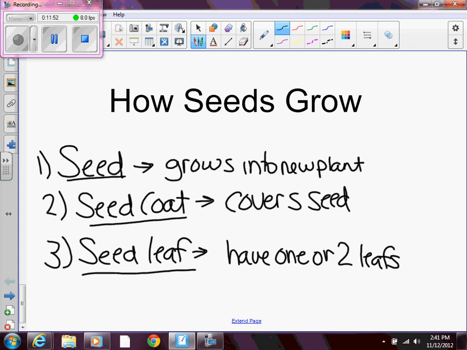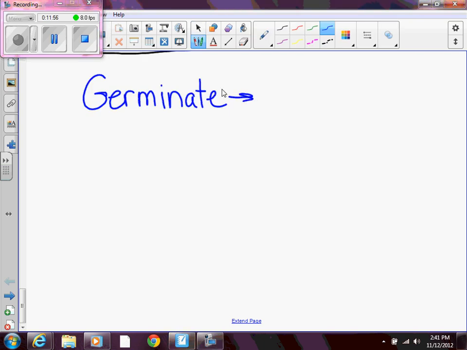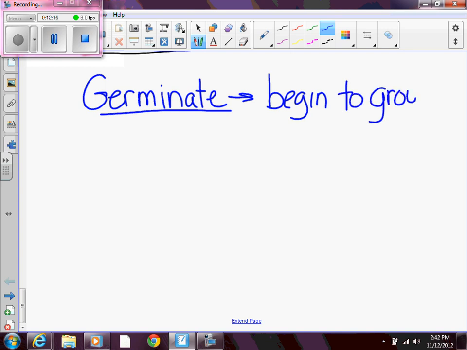Okay. All right. Questions about the germinate? What does it mean to germinate? Alex, what does it mean to germinate? Connor? Begin to grow.